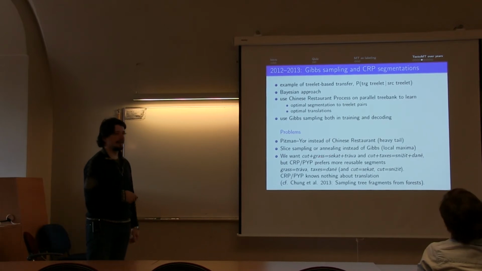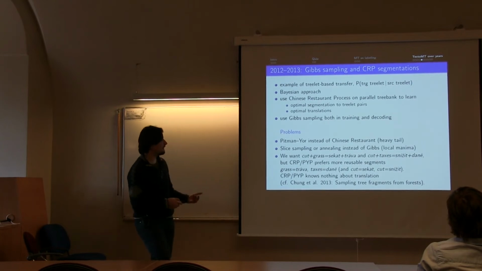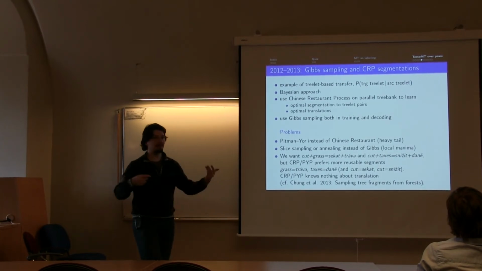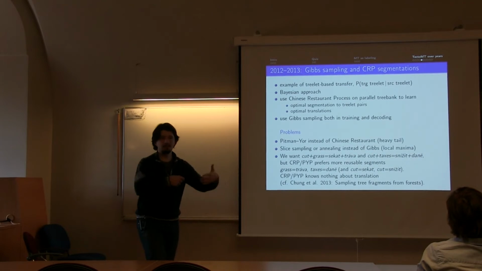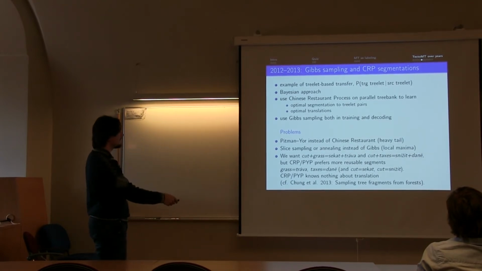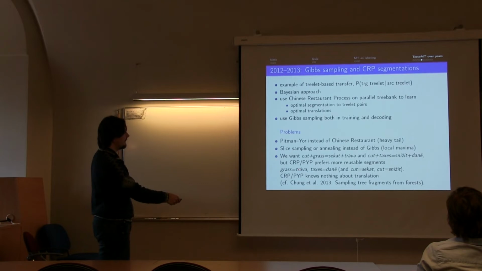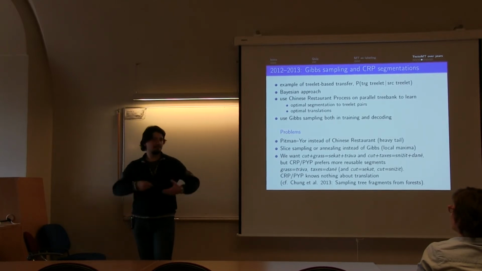But basically, the Chinese restaurant process or the Pitman-Yor process doesn't know anything about the translation, or what our objective measure, the BLEU score or accuracy, is. It cares more about the reusable segments. And actually grass as tráva is quite reusable. It's always seen in the data.